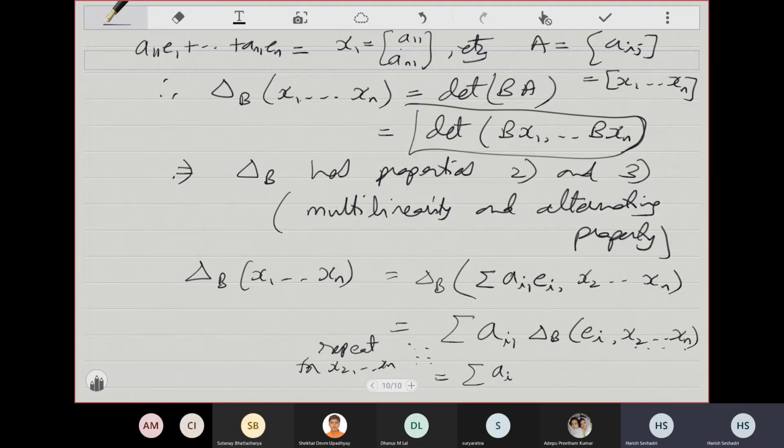But then the notation you'll have to change a bit. As long as you're expanding only the first one, the index i was okay. But now for each of these xi's, you will have to have an index. So let's put i1, ..., in: the sum of A_{i1,1} ... A_{in,n} delta B of e_{i1}, ..., e_{in}.